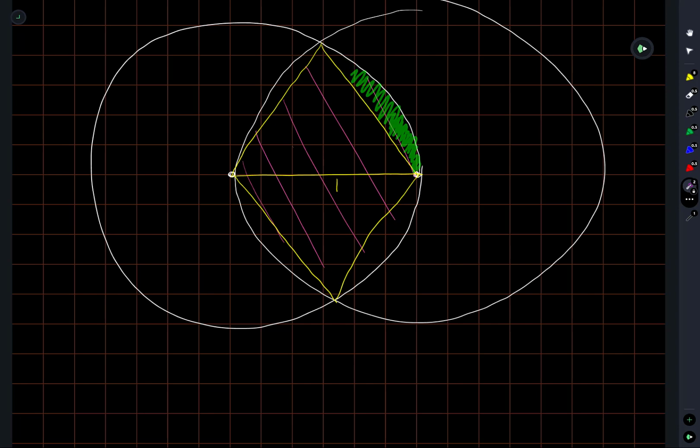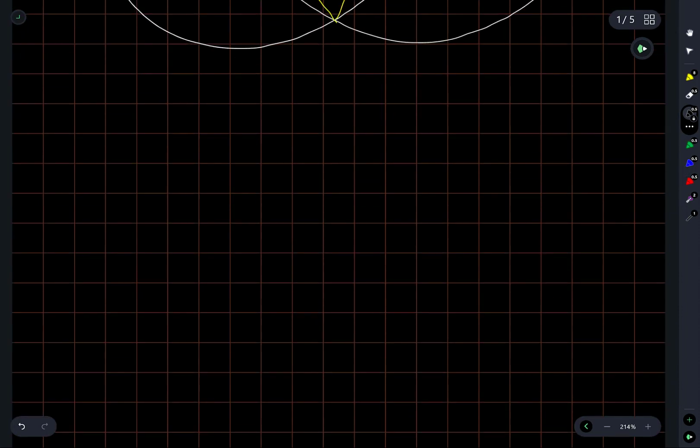So just for clarification of the areas in computing, I'm going to say A1 is the area of one equilateral triangle.